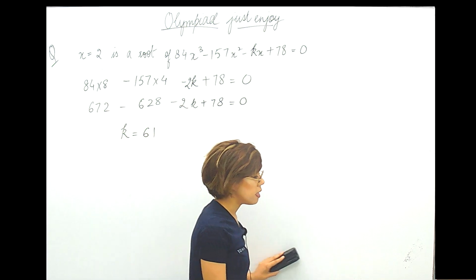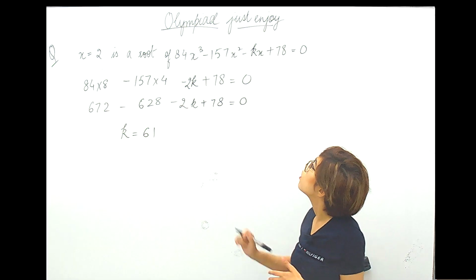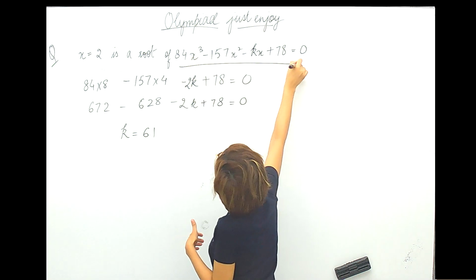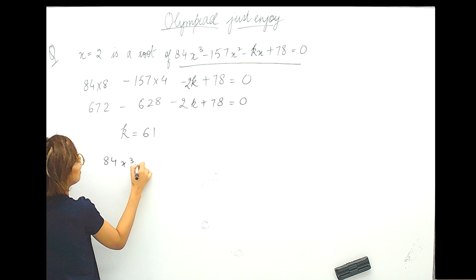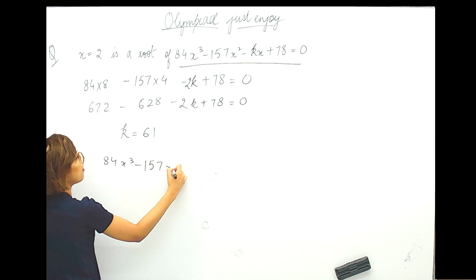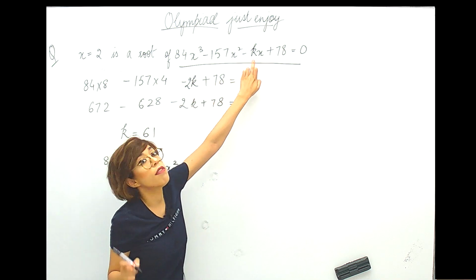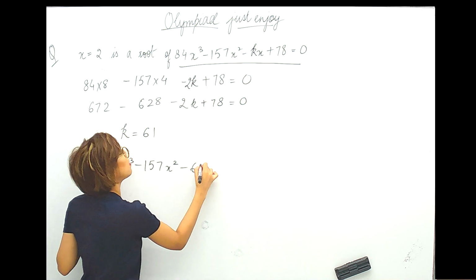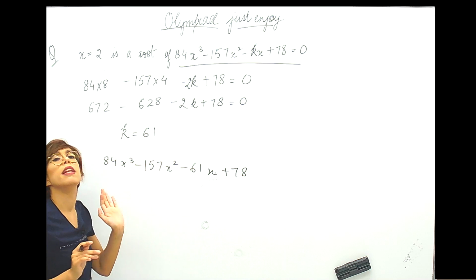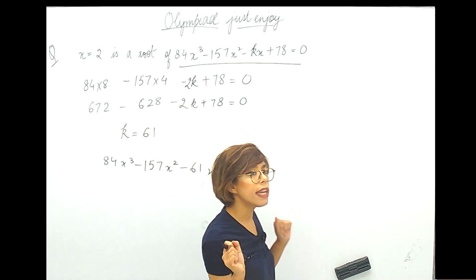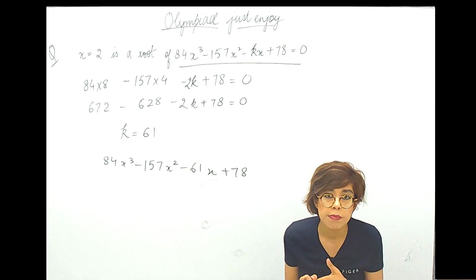Right, I'm sure इसमें तो problem नहीं है, right? So this equation becomes 84x cube minus 157x square minus 61x plus 78. Equation की जगह मैंने polynomial लिख लिया, right? मुझे क्या निकालना है? The other roots.